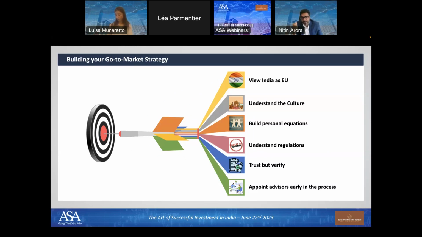The first is that one should view India as an EU with 28 countries. India has more than 28 states and union territories. While there are common laws, and GST and federal laws are common, the culture of doing business is very different from North India to East India to West India and South India.